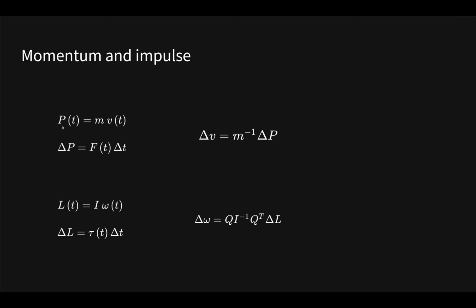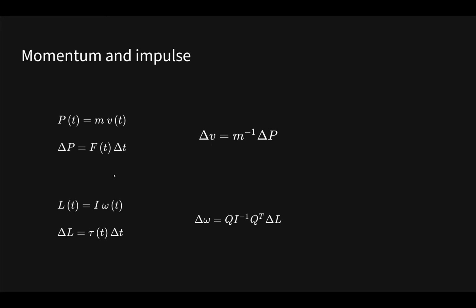A change in momentum is defined as the force times some delta time, using Euler's method again. So if we want to calculate a change in velocity, we can combine these formulas to take the inverse of the mass times your change in momentum, and that results in a change in velocity.